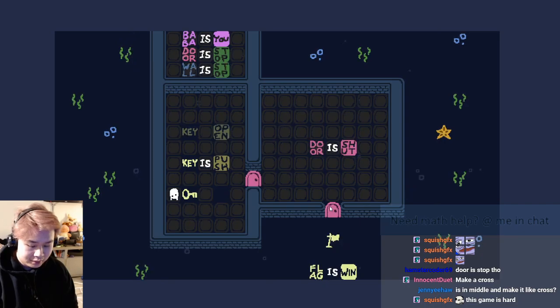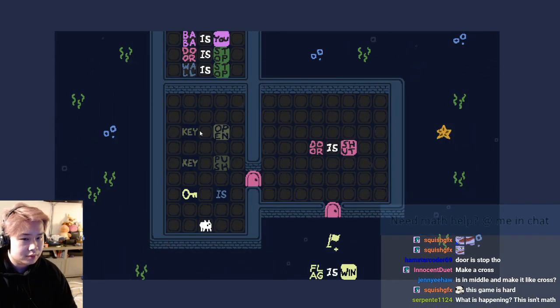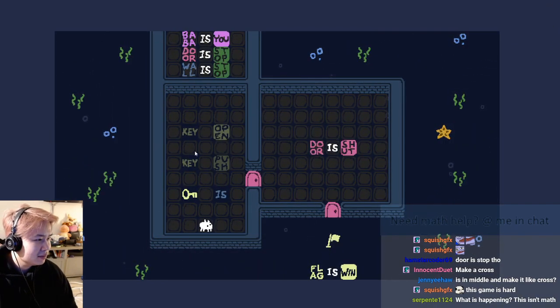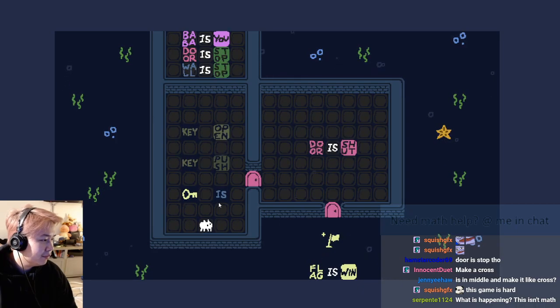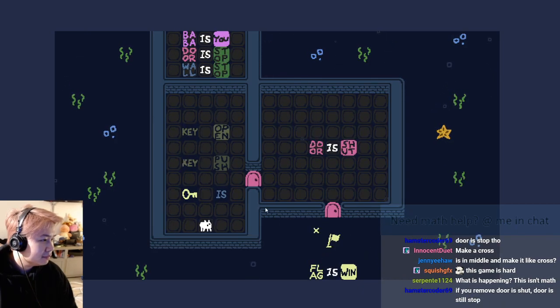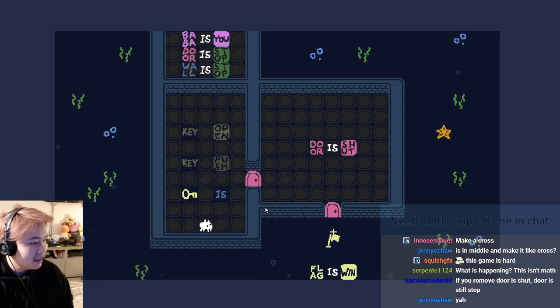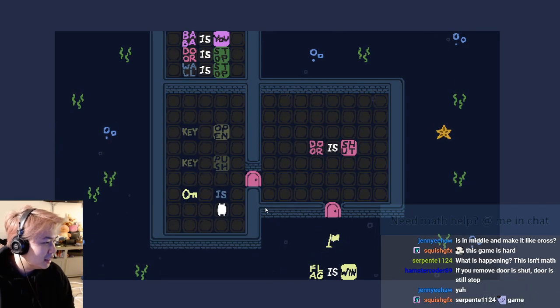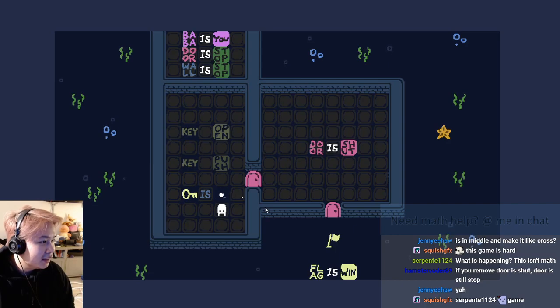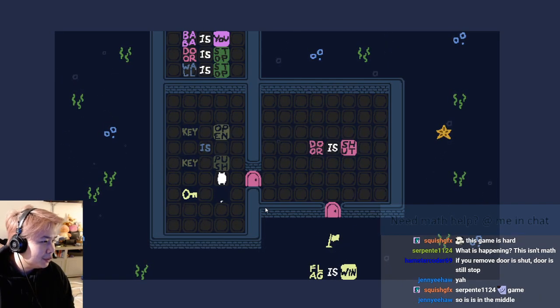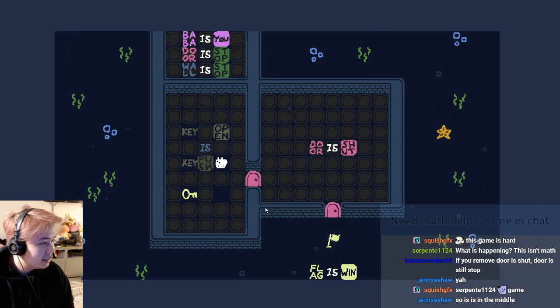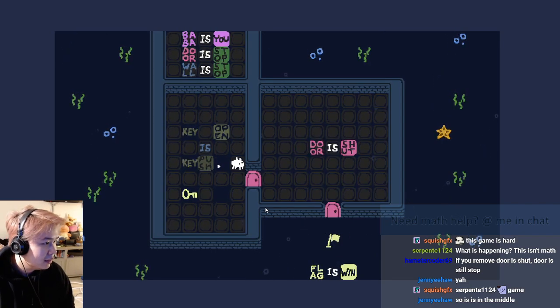Make a cross. Like this. I only have one is though. What is happening? This isn't math? Yeah, we're playing a game. A logical game. Okay, so let's make that cross. I just have to be careful with how I push these things so that I don't lose access to any of them.